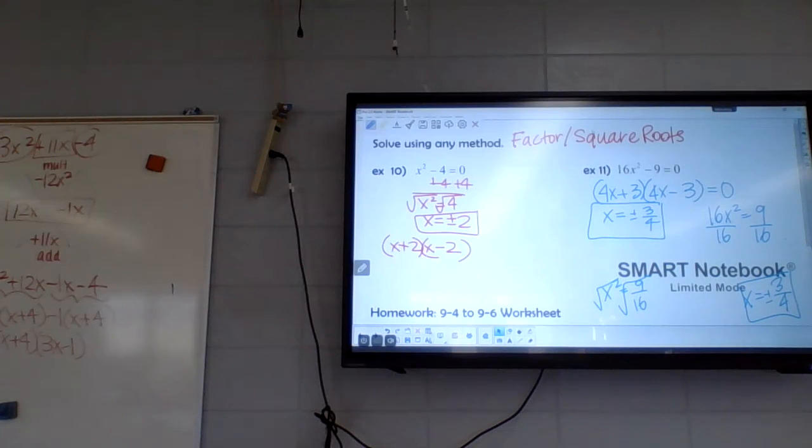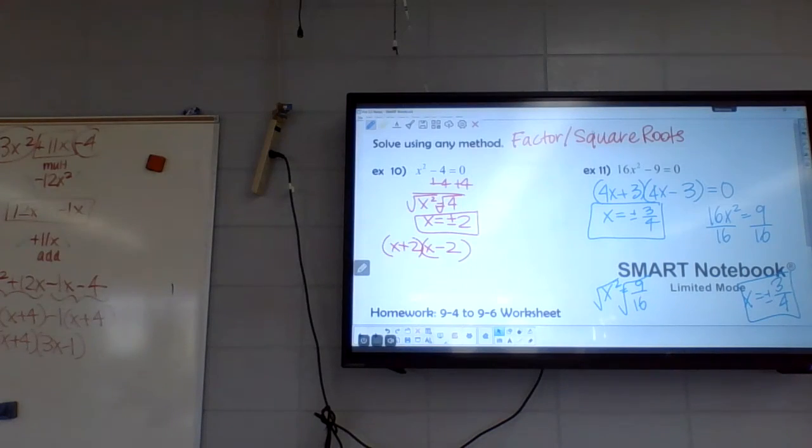If you need more practice on anything, I would highly recommend you do more, but we'll just assign odds for this worksheet.